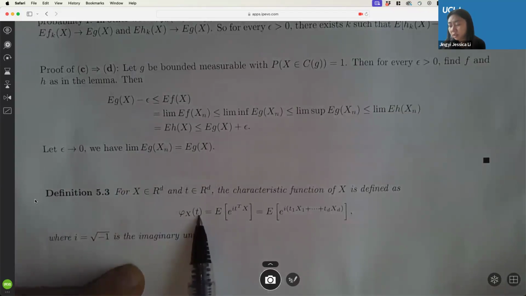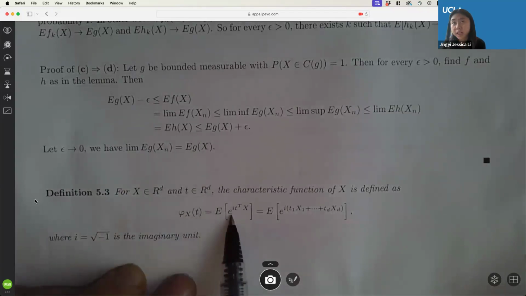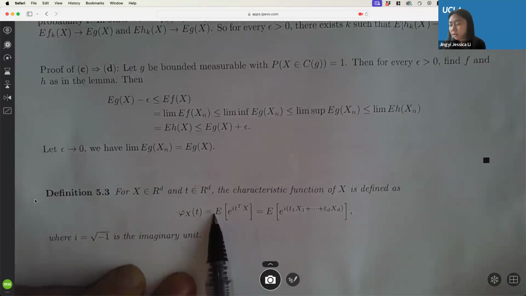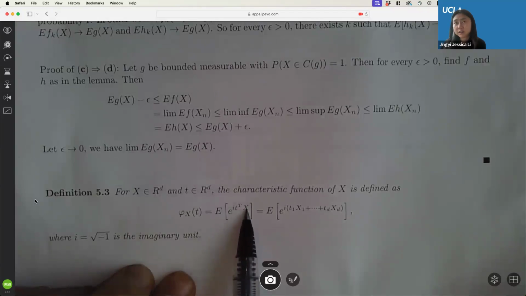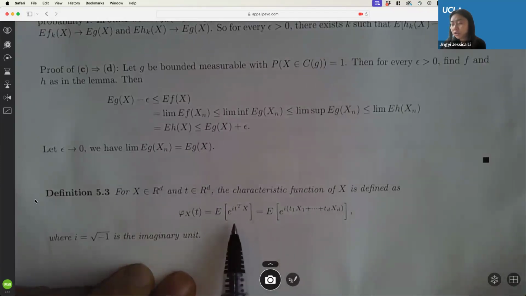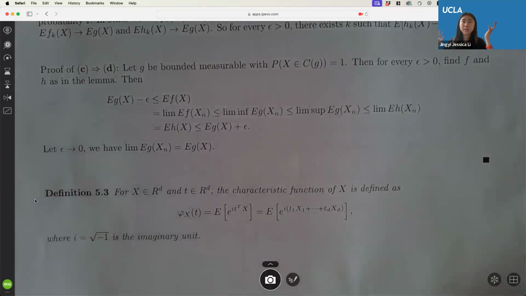At a vector t, the characteristic function is defined as the expectation of the exponential function of the imaginary unit i times the inner product of t with x. Both are d-dimensional vectors, so their inner product is a scalar. So essentially the characteristic function value is a scalar.